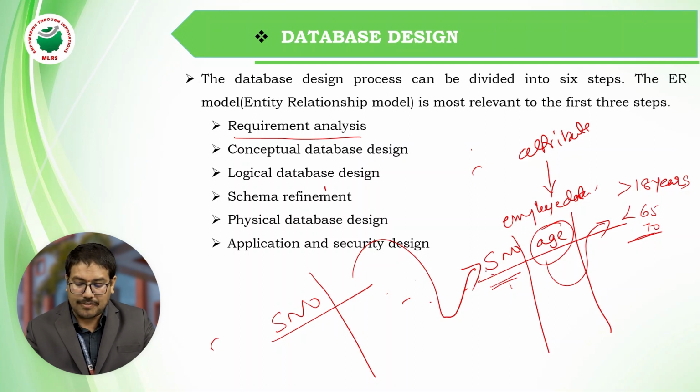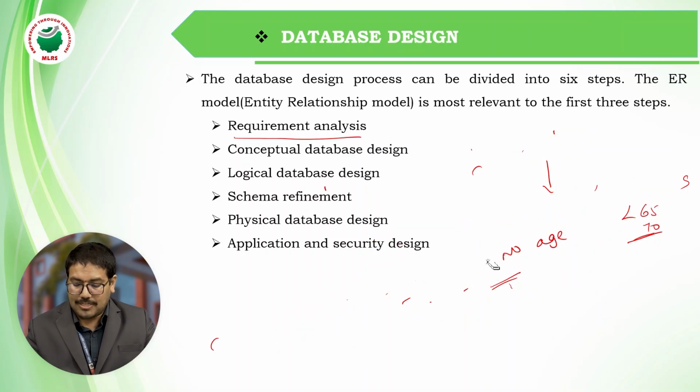So that is a constraint for the serial number. If you observe, the Aadhaar number in India is unique. No two persons have a single Aadhaar number. That was one of the constraints for the Aadhaar number. Similarly, this is the requirement analysis of the database table.